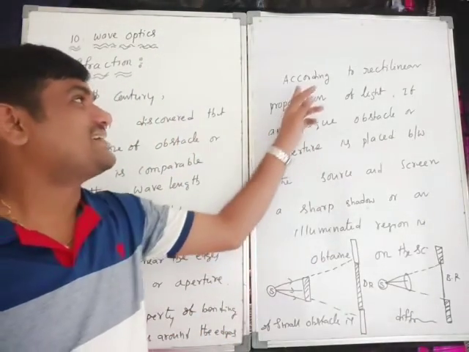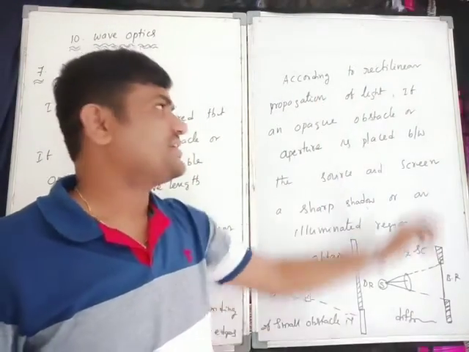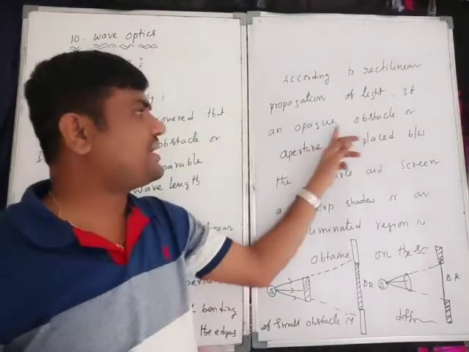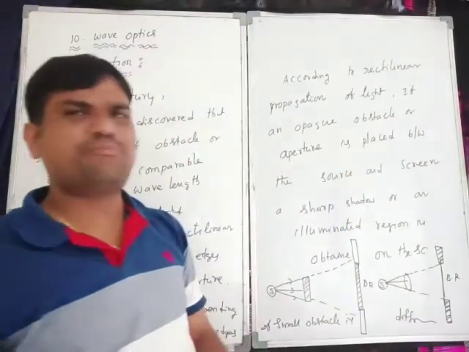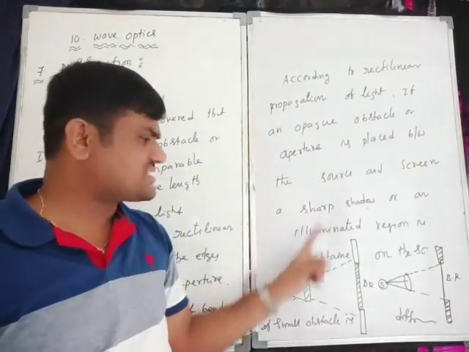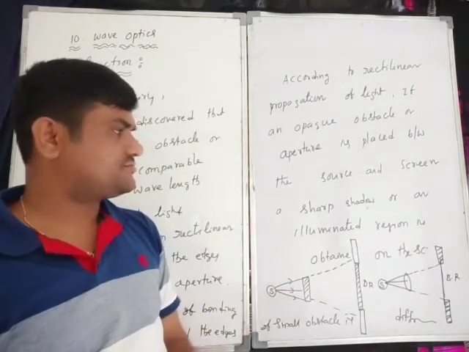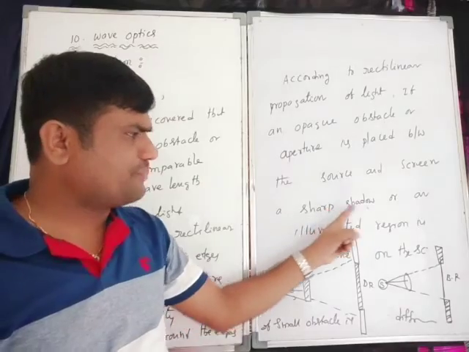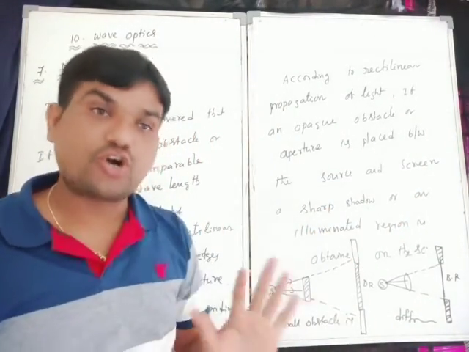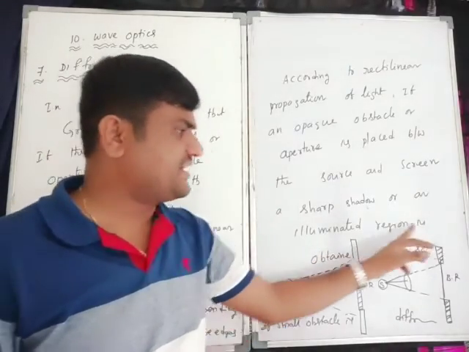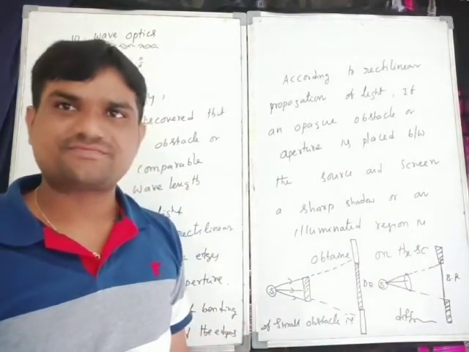According to rectilinear propagation of light, if an opaque obstacle or aperture is placed between source and screen, a sharp shadow or illuminated region is obtained on the screen.